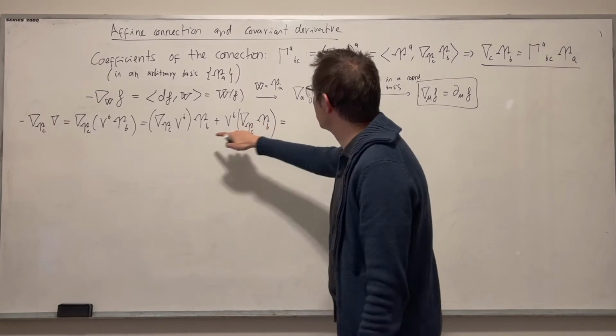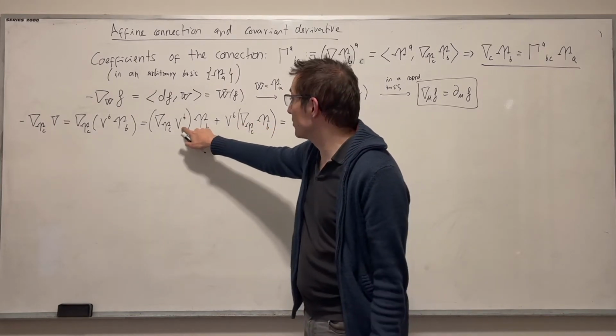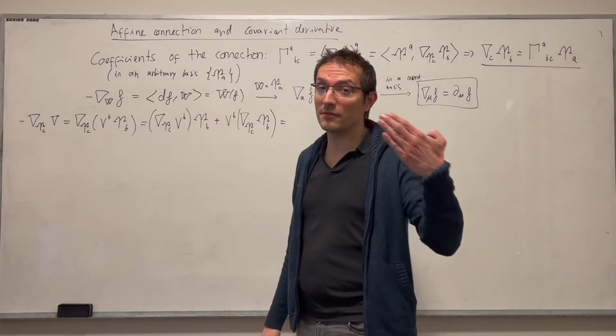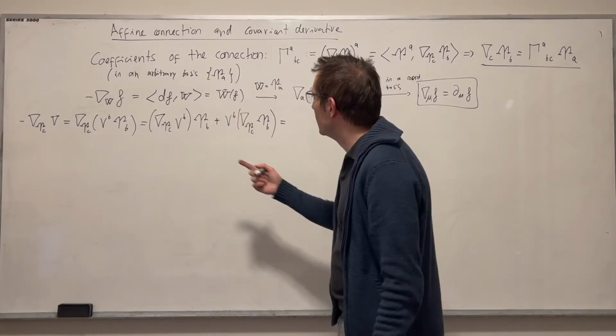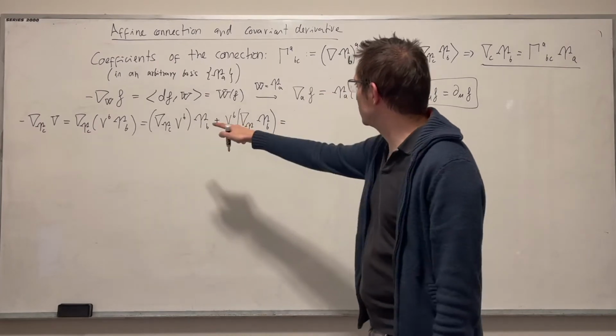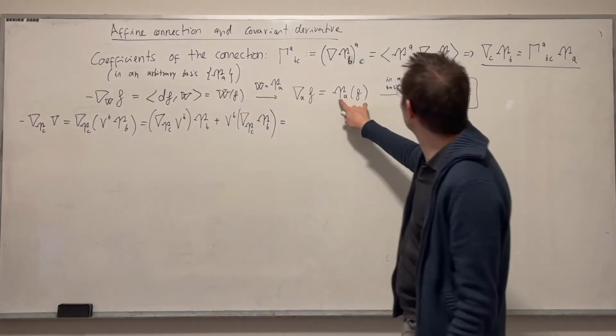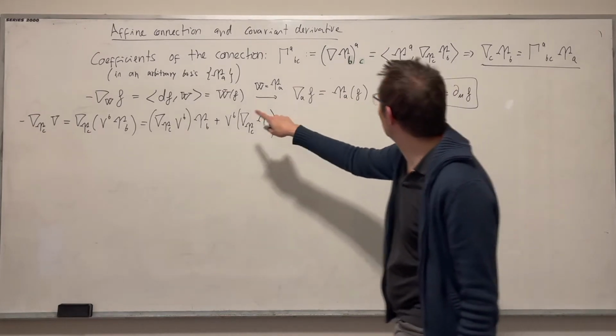The first one is a function. You treat this as the component, which is a function, right? The components of a vector field are functions on the manifold. So this is the derivative of the function in the direction of c, which I already know what it is. It's going to be the action of the element of the basis on that function.